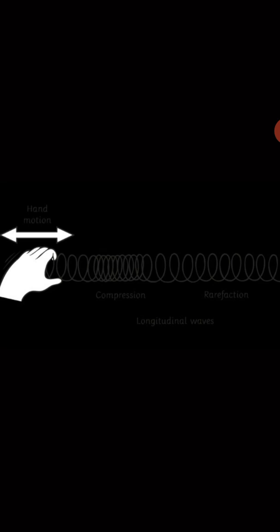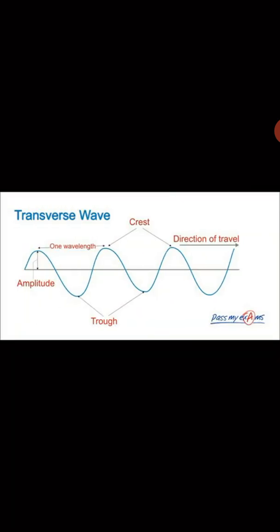Now suppose you take a spring and you push it right and left with your hand. So what will happen? You are compressing the spring and then you are expanding the spring.